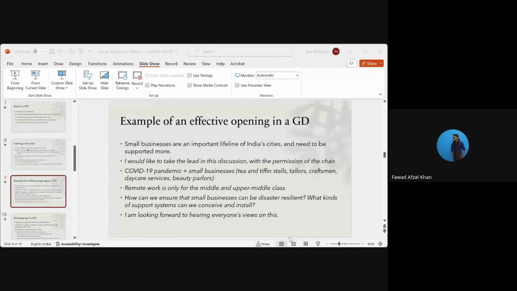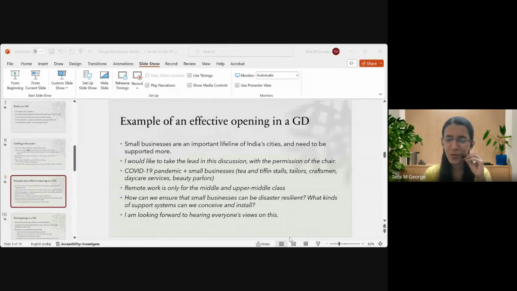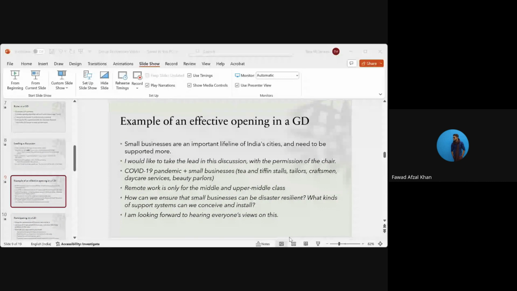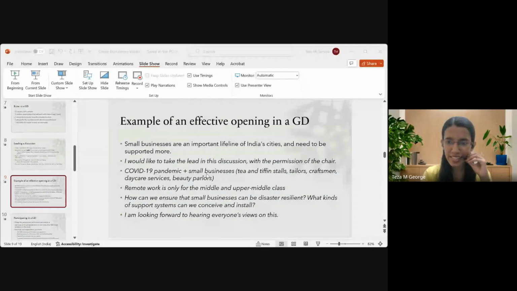But what specific topic are you addressing? Shouldn't you say that? Ma'am, is it related to some business? What you see on the screen is the topic. And I want you to give me a specific opening. Imagine that you are the leader of this group discussion. Tell me how you would open the discussion to your group.